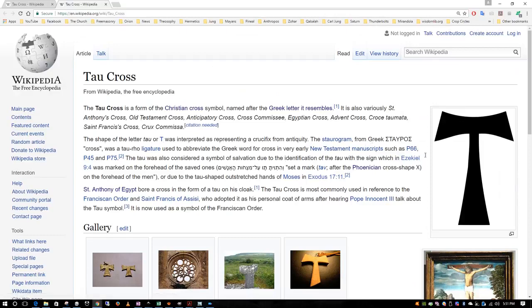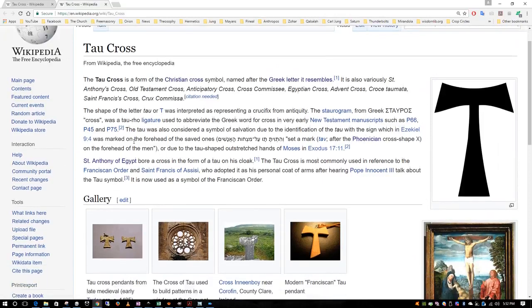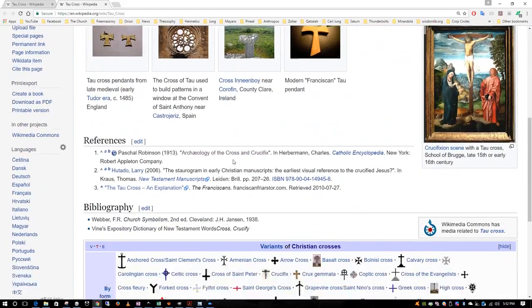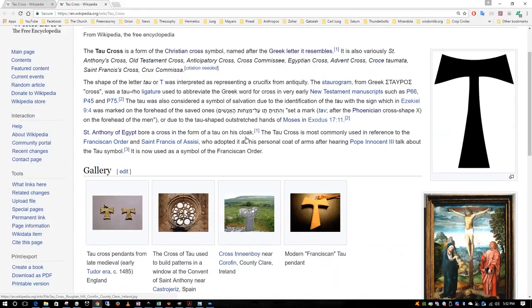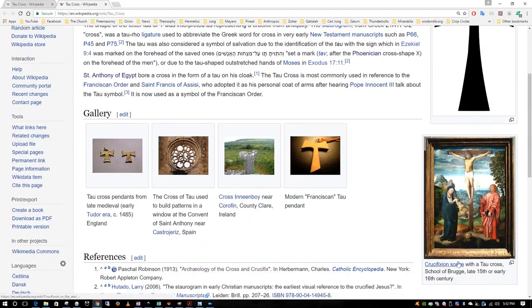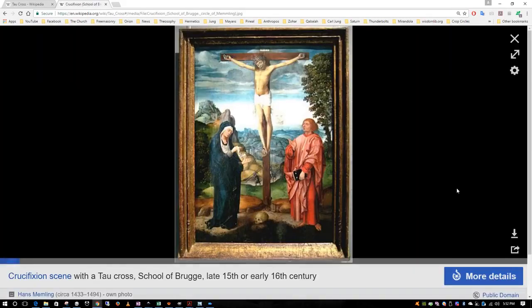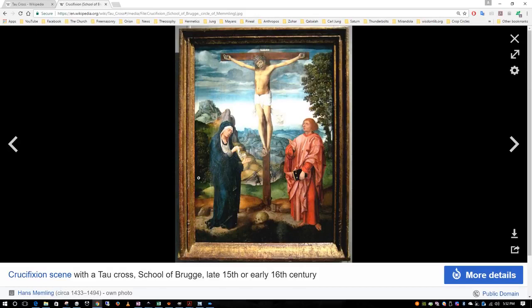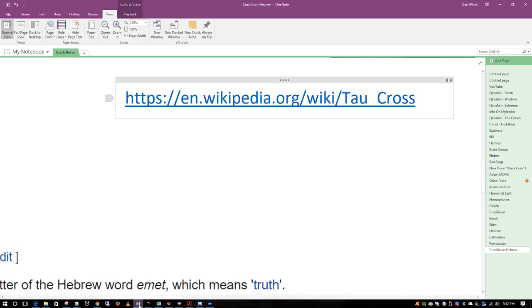The Tau is another version of this. As you can see, it comes from the ancient Egyptian form of the Tau, which means the mark. But look right here, what we have right down here. We have a crucifixion scene with a Tau cross. So now let's come back over and take a look at our other pictographs.